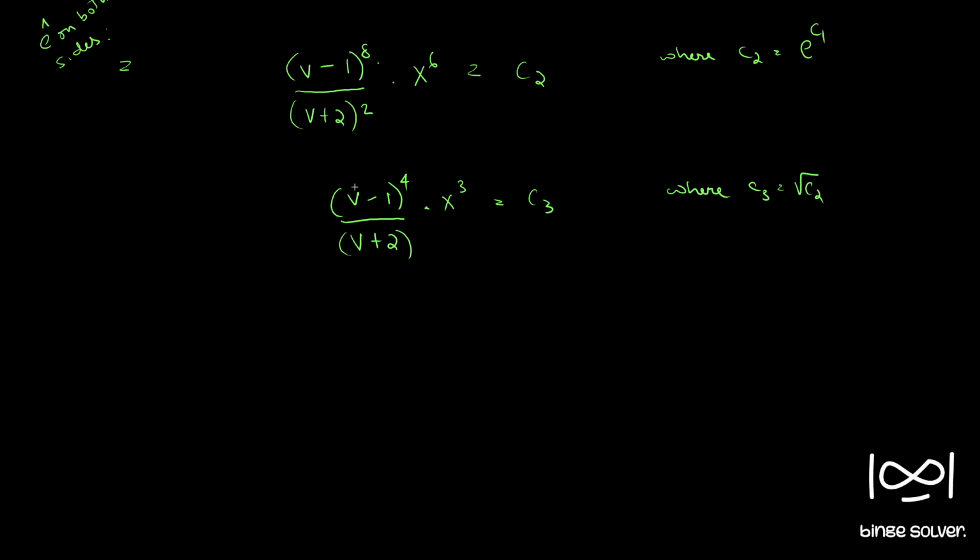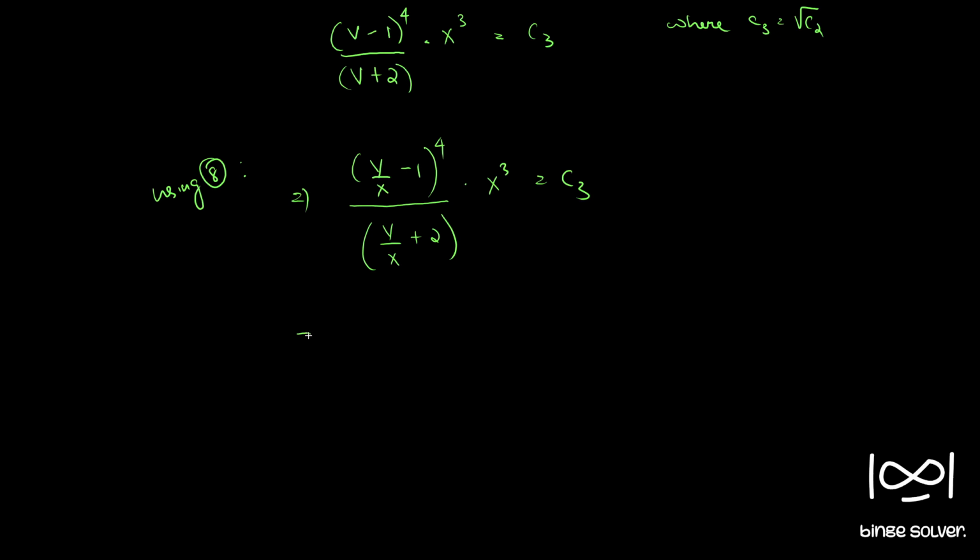Now using equation 8, v equals y by x, when we put (y by x minus 1) by (y by x plus 2), all raised to 4, into x cube equal to c3. Simplifying, we have (y minus x) raised to 4 and (y plus 2x) by x raised to 4.